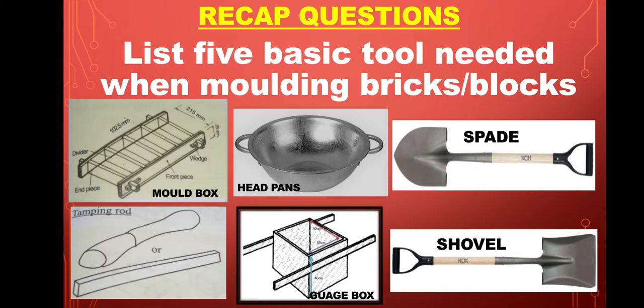All these are said to be basic tools needed when it comes to molding of bricks and blocks. If you have my previous lesson, you can go back and get the full details concerning the uses of all these tools which we just mentioned here.